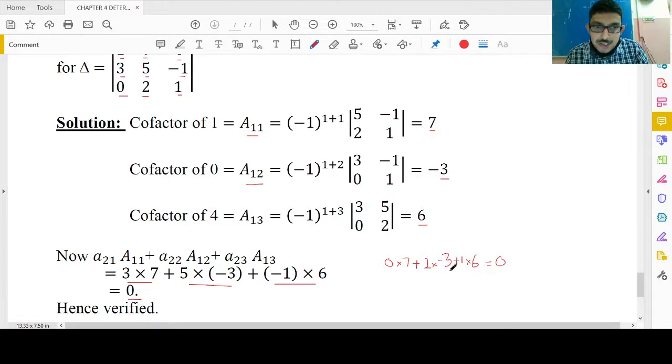Then also you'll get minus 6 plus 6, it's equal to 0. So if you multiply elements of any row with cofactors of any other row, and sum of those will be equal to 0. But if you multiply elements of any row with their corresponding cofactors, that will give you the value of the determinant.